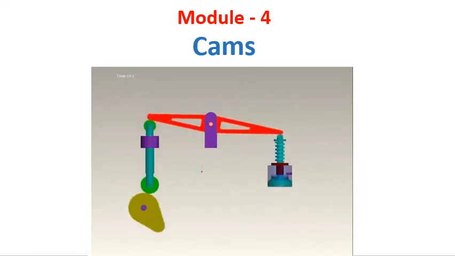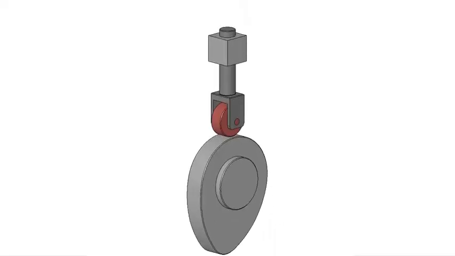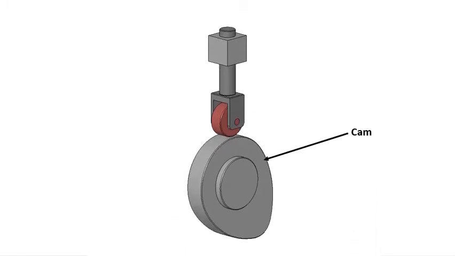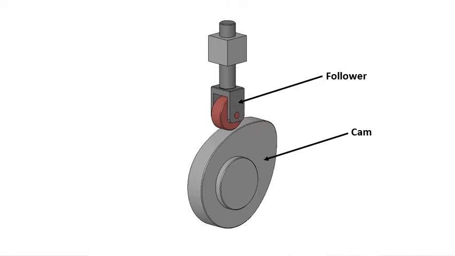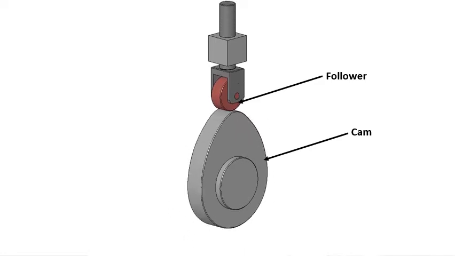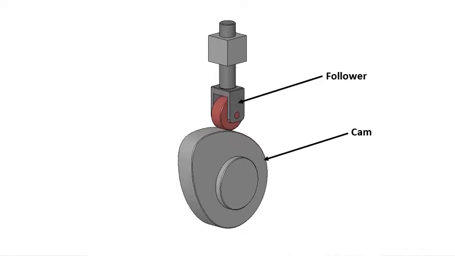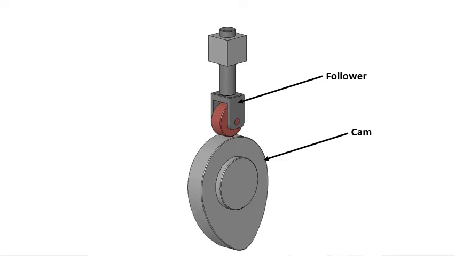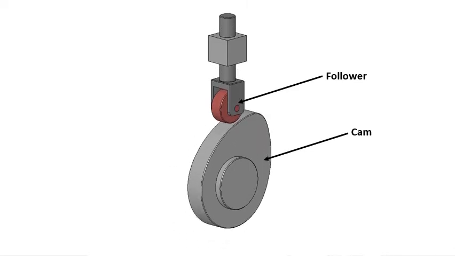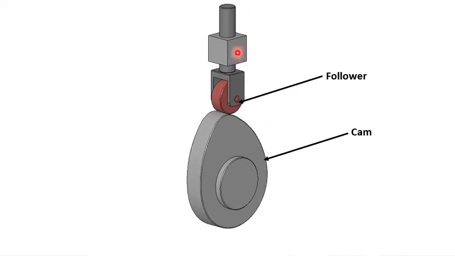Here you can see the figure. This is the cam and this is the follower. This figure shows the cam and follower arrangement, in which the cam is connected to the rotating shaft and the rotary motion of the cam is transmitted to the roller follower, which oscillates in the fixed guides. This is the guide.